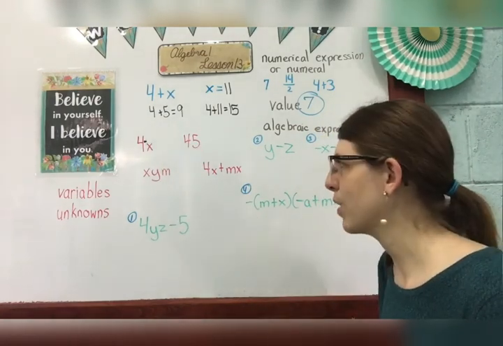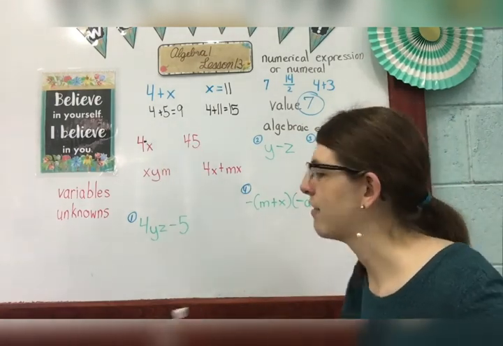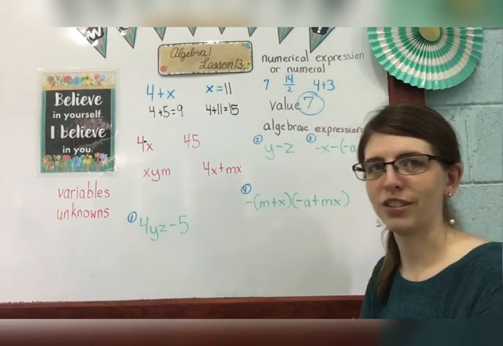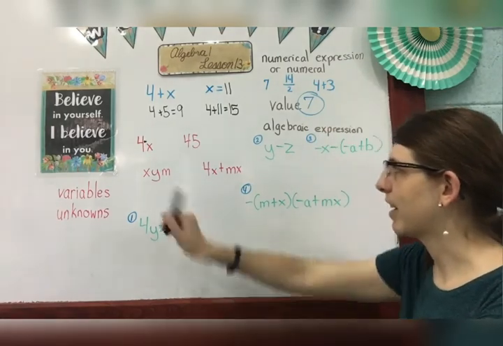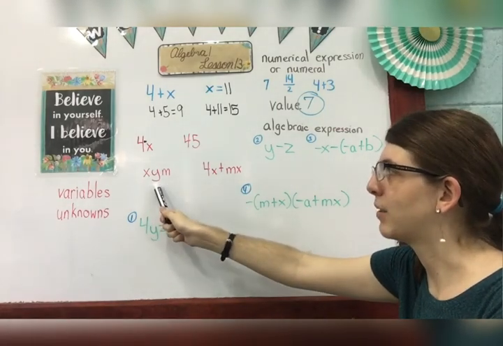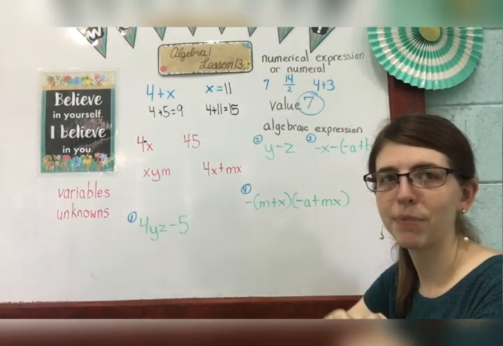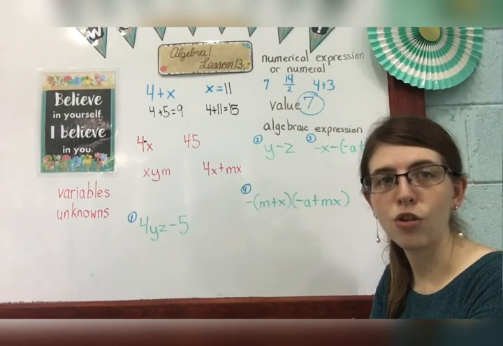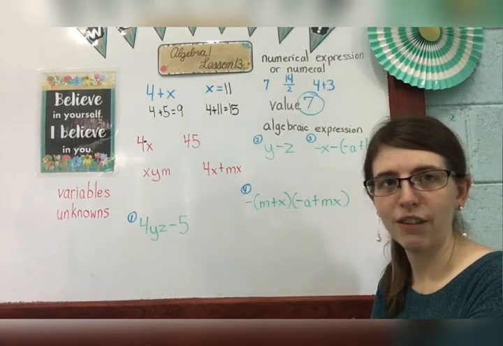Okay? Let's talk about evaluating algebraic expressions. When you are given something like xym, that means I'm multiplying the value of x times the value of y times the value of m. To evaluate this, I need to know what those letters stand for.